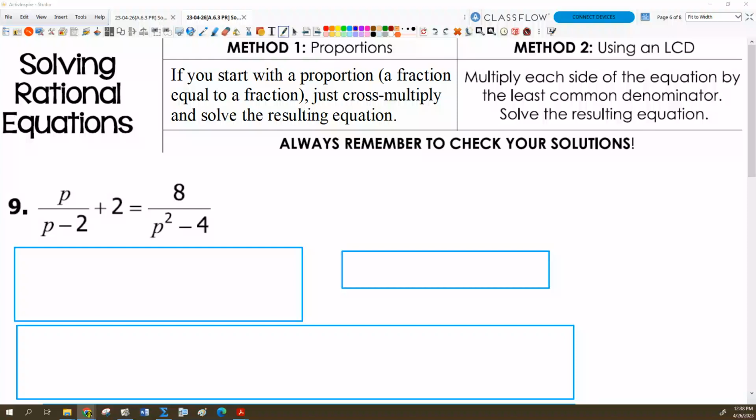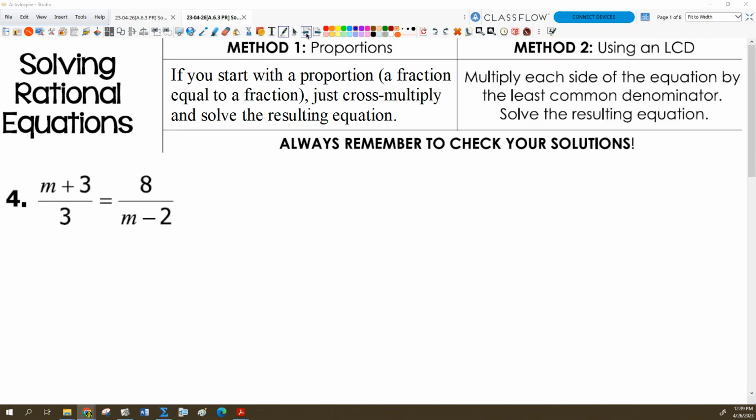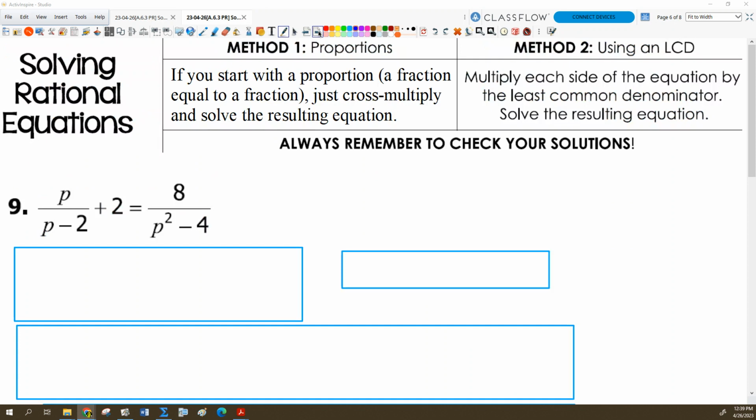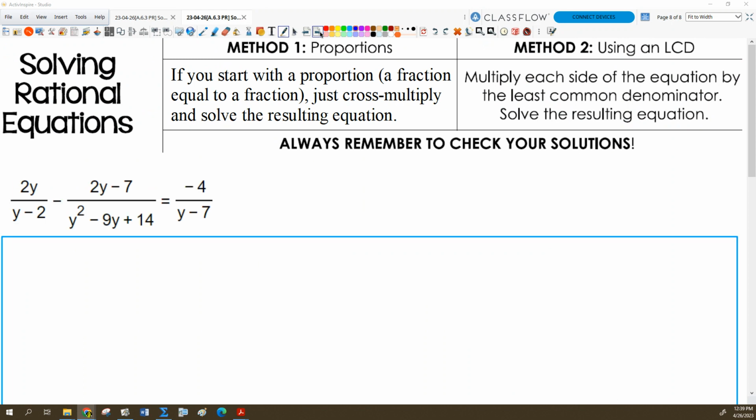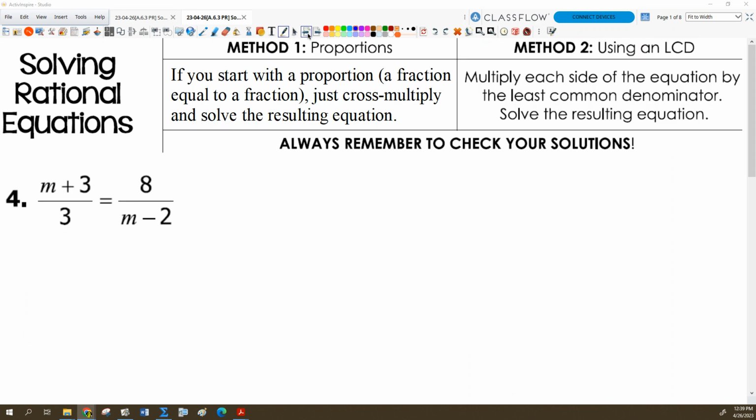So there are two different methods, and they go with the two different types of equations. One is if left side of the then this process becomes cross multiply to equation you get when you cross multiply.